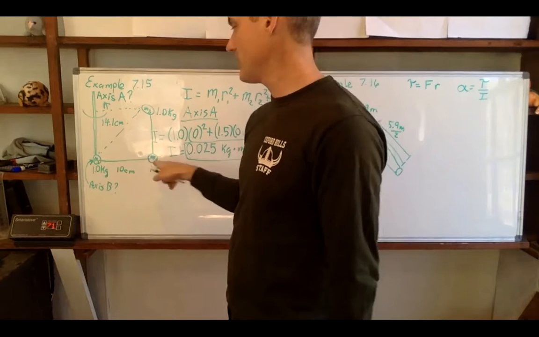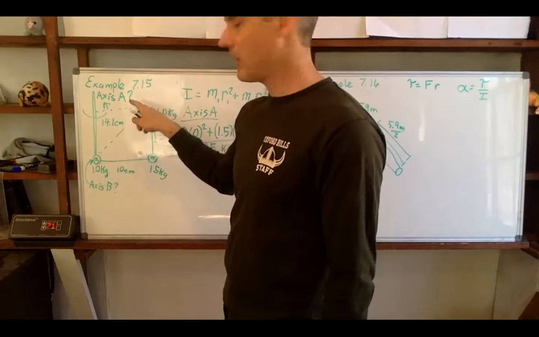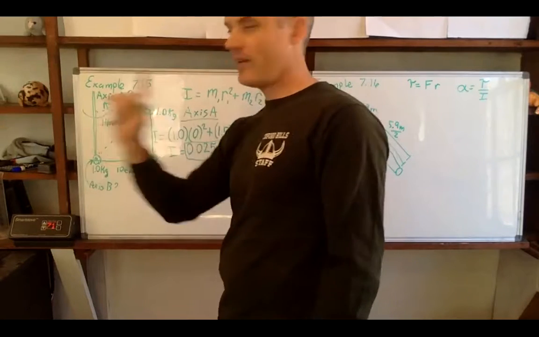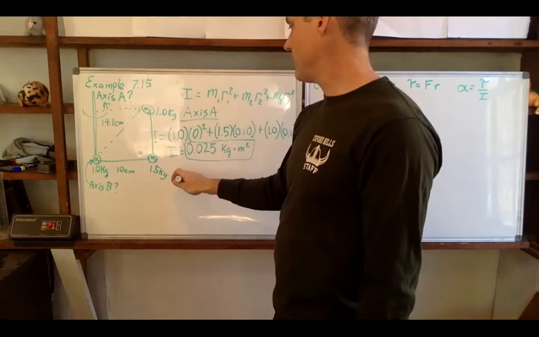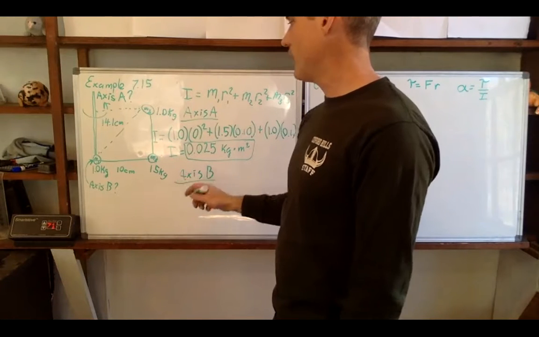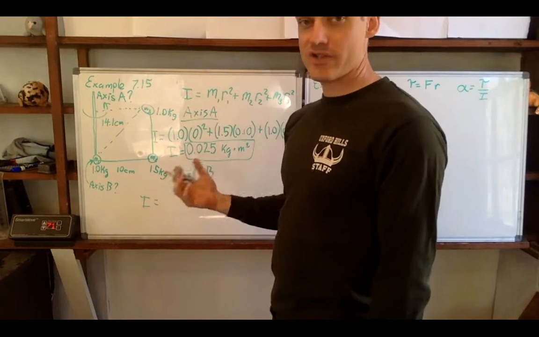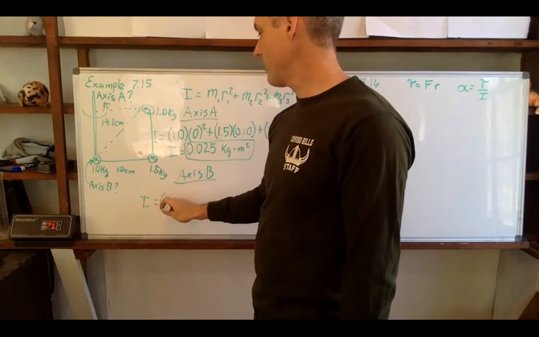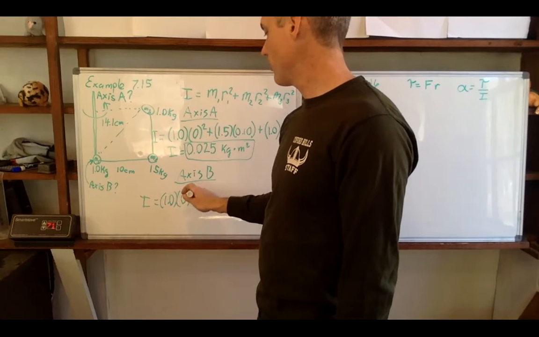This one is still going to be 10 centimeters, but this is going to be different because it's rotating this way now instead of this way, if that makes sense. So for axis B, setting up our equation, for the first position the inertia is still going to be 0 because it's right on the axis. It's got a mass of 1 kilogram, but it's at 0 meters.